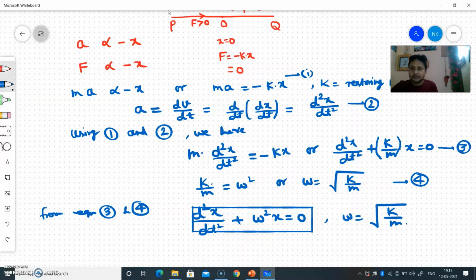This expression is equation number 5 and is known as the differential equation for simple harmonic motion.